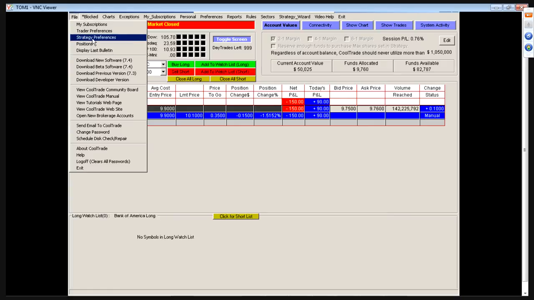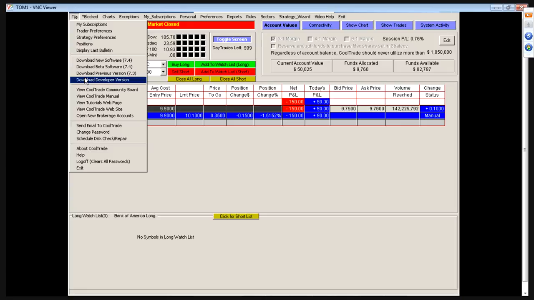If you click on File, you have My Subscription, Trader Preferences, Strategy Preferences. These are all tabs that you can click on, and it'll open them up. I'm not going to get into every single one of them tonight because we want to spend some time on the strategy wizard and then give you some examples of different symbols that you can trade and use the tool for.